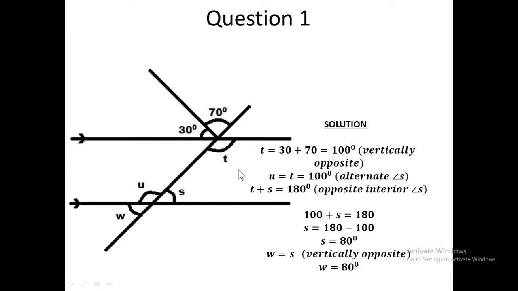That's when you can start talking about the angles involved, whether alternate angles, corresponding angles, or opposite interior angles that are supplementary. For this question, these are the two parallel lines involved.